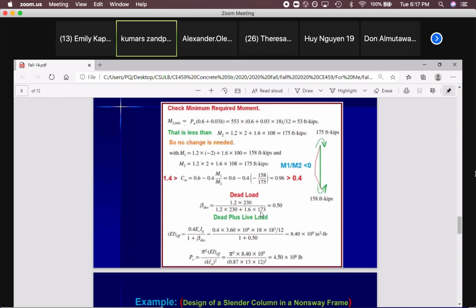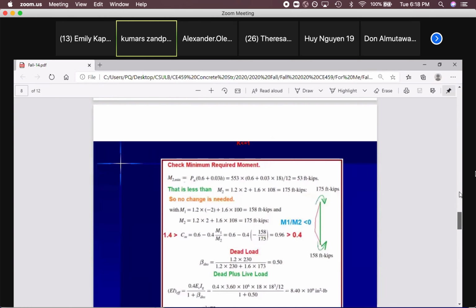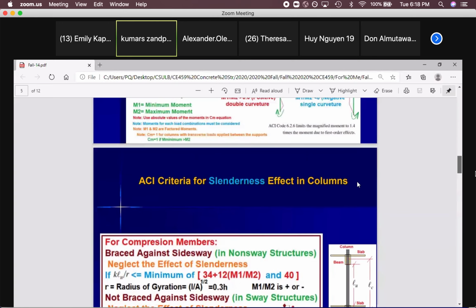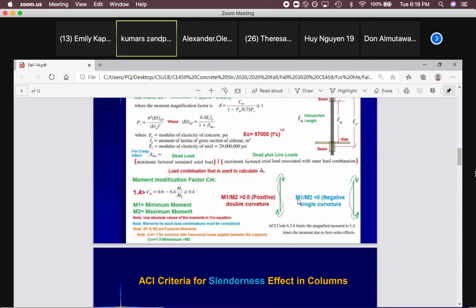Yes, what's the question, George? Why was the M1 over M2 negative again? Look at this. M1 and M2, as you can see, both of them are pushing this in one direction. So you will get single curvature. And for single curvature, as you might remember on this slide, whenever you get single curvature, consider M1 over M2 negative.